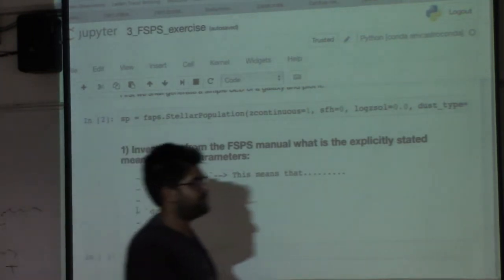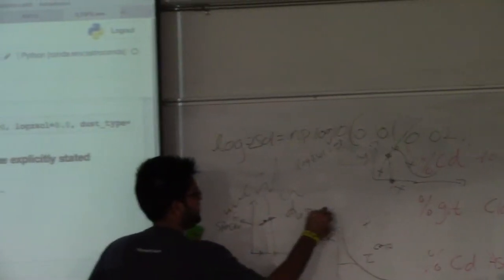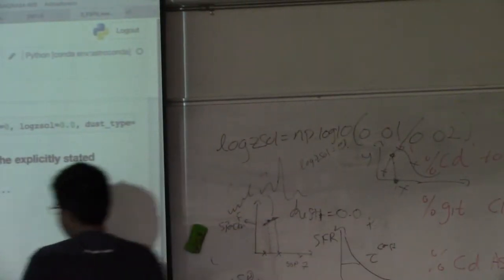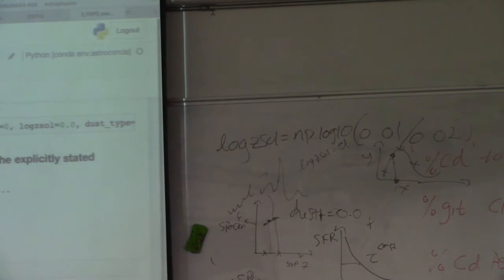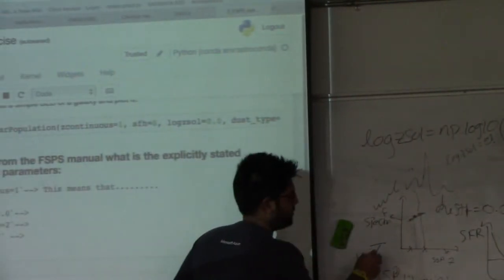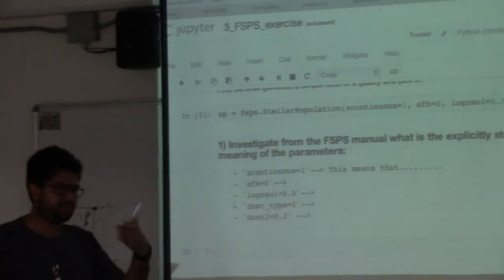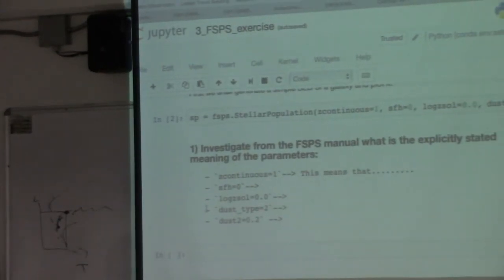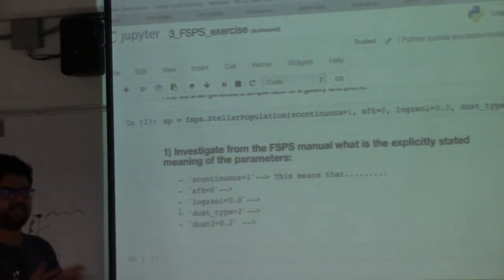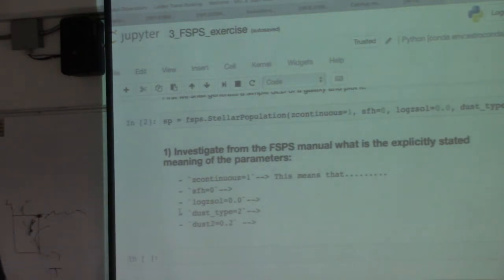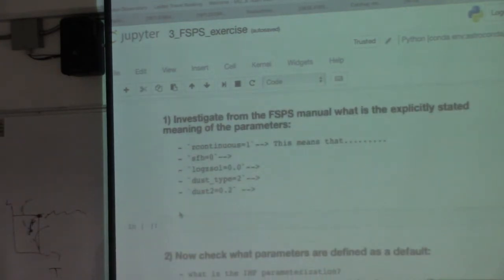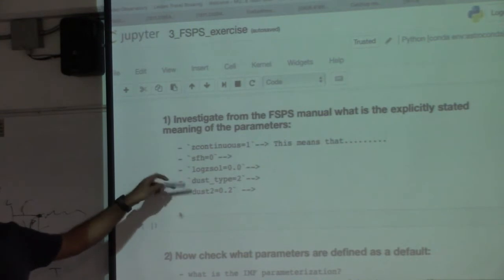So when you do these things, always the dust1 parameter should be kept at 0 if you are using the Calzetti dust law. And dust2 means the other dust factor, which is the optical depth of the gas clouds. The optical depth is kind of related to the extinction. In the Calzetti dust law it is about 1.08 times, so it's almost the same, so you can use it interchangeably. That's fine. All right. Any questions on these ones?